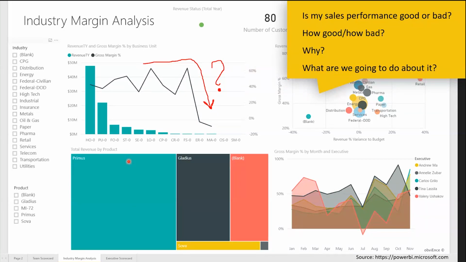I could add the growth rates from previous year or variance to plan. I could even show multiple measures, not just the revenue, but also maybe the percent of gross margin to understand the profitability, right? People typically would need more information to really understand what is going on.